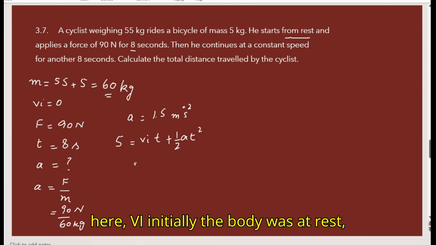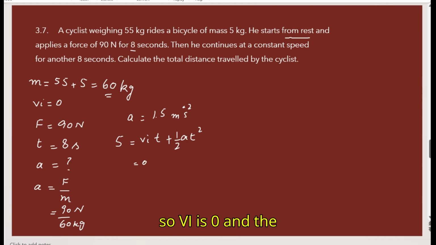Vi, initially the body was at rest, so vi is 0, and the value of t is here 8 seconds, plus 1 over 2, and acceleration we have just calculated, it was 1.5, and the time is 8.